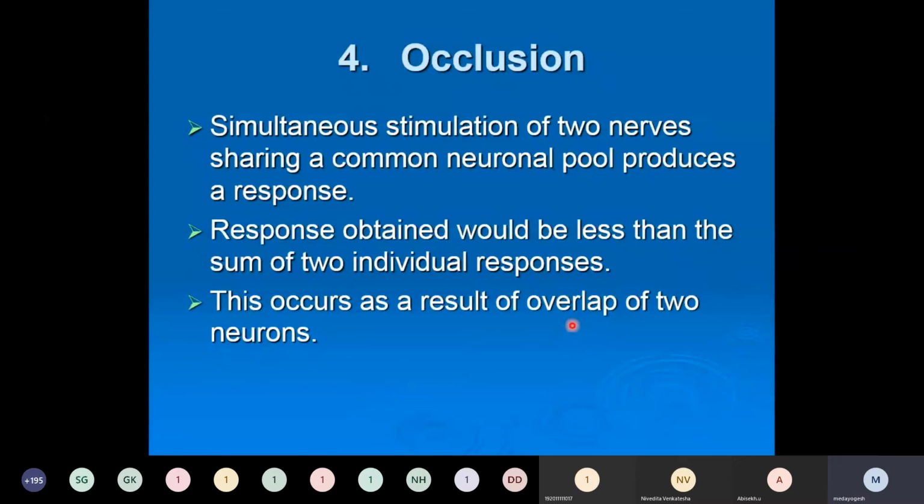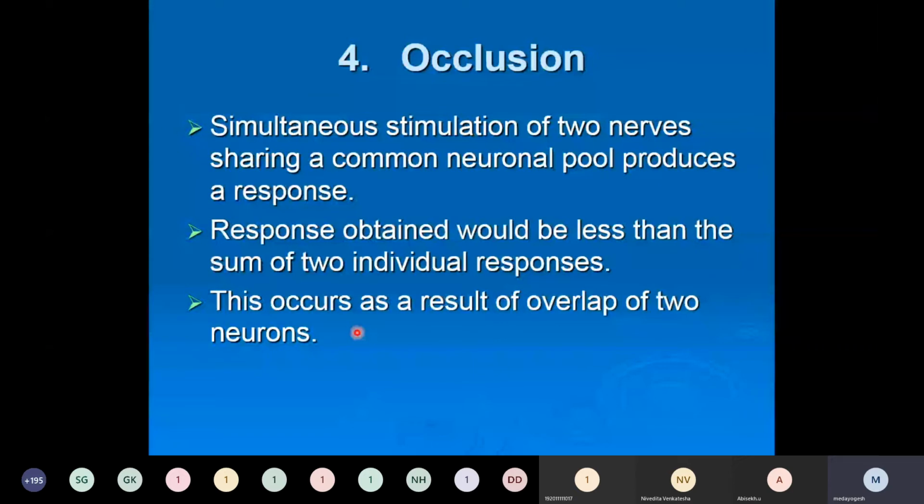Occlusion. Simultaneous stimulation of two nerves sharing a common neuronal pool produces a response, but here the response obtained would be less than the sum of the two individual responses. This occurs as a result of overlap of two neurons. I think you have learned this in the previous class.